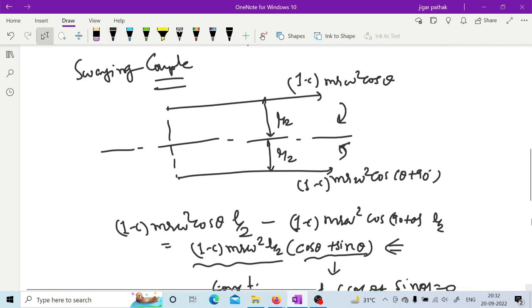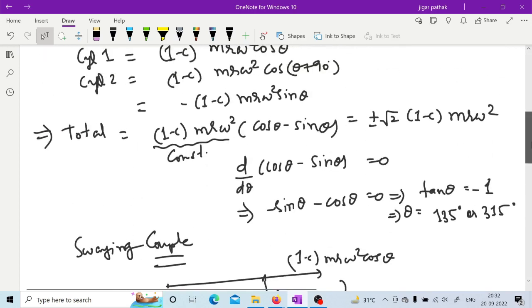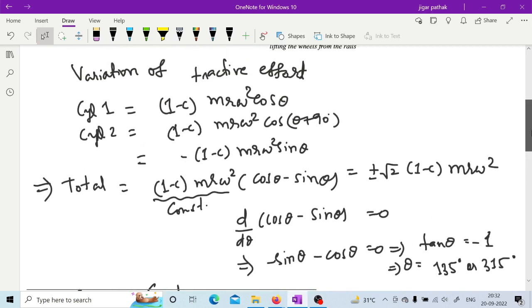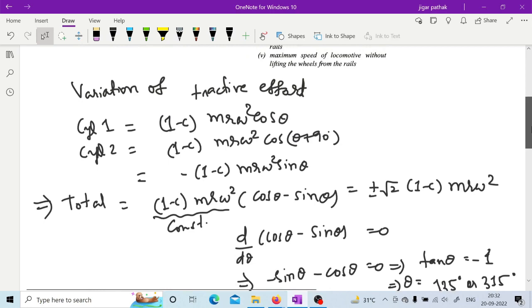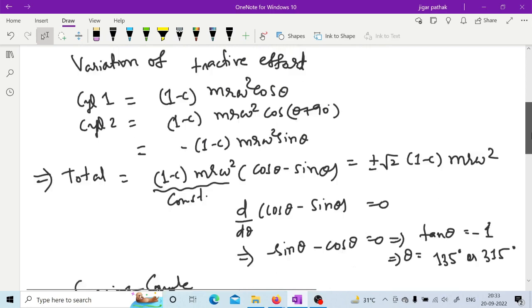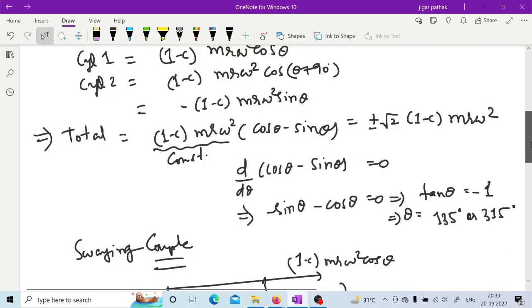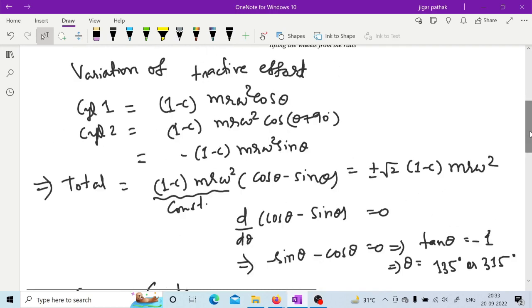Okay, sir. And that is your tractive force, sir? What is the tractive force? Tractive force is along the primary force only, that means the horizontal direction. What will be the maximum unbalanced force, because this (1 - c) m r omega square cos theta is along the horizontal direction, right, as we have seen.